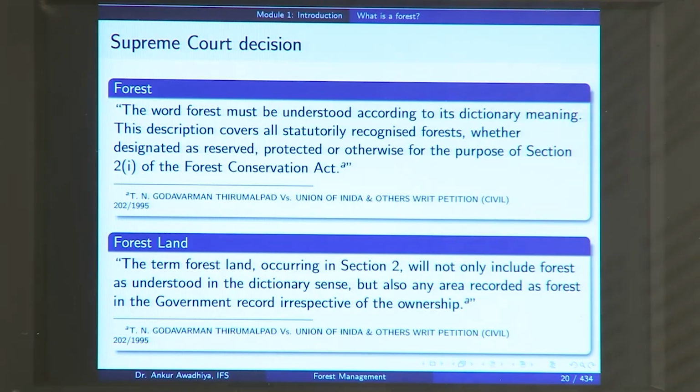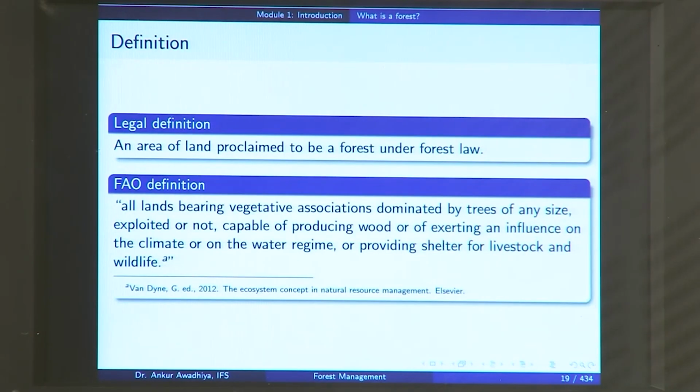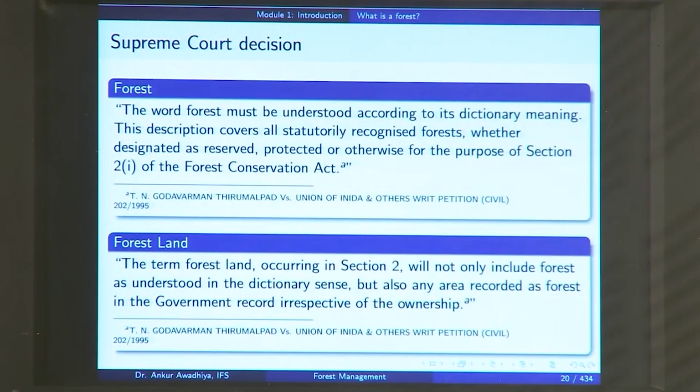A forest is a large area that is covered with trees and undergrowth, but a forest land would incorporate not only those lands that have forest, but also the other lands that have been designated as forests under a forest law. So, here now the Supreme Court is moving into the legal definition of a forest, that is any area that is proclaimed to be a forest under a forest law. So, this area of land will also be called a forest land as per the Supreme Court's decision.